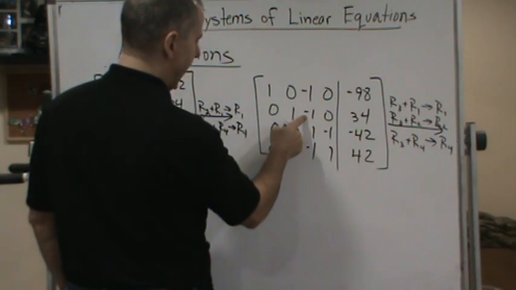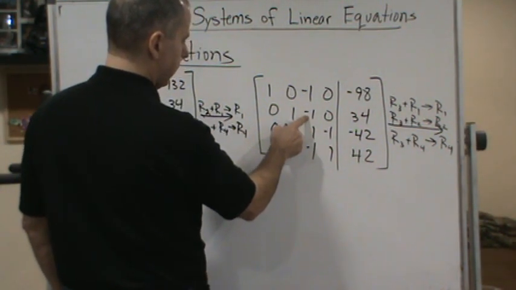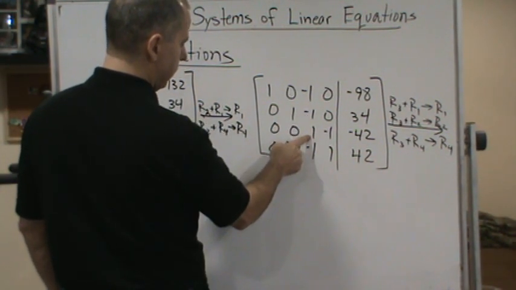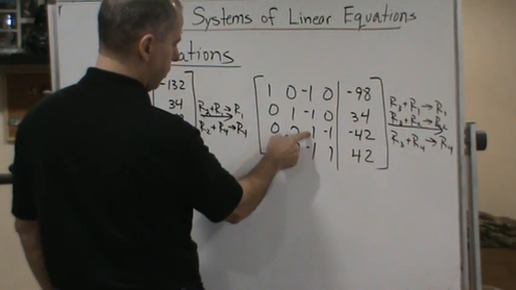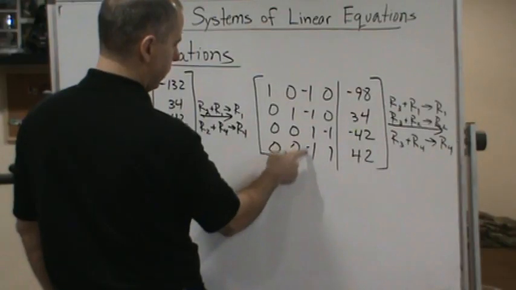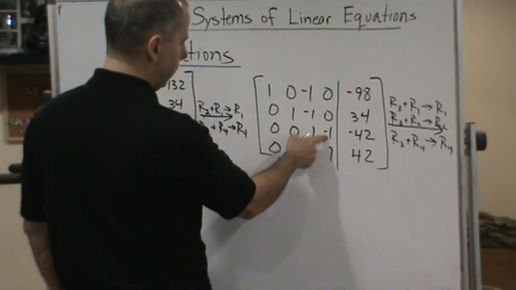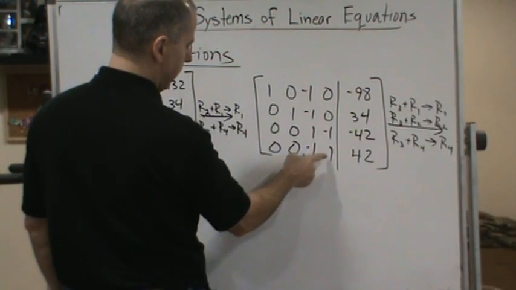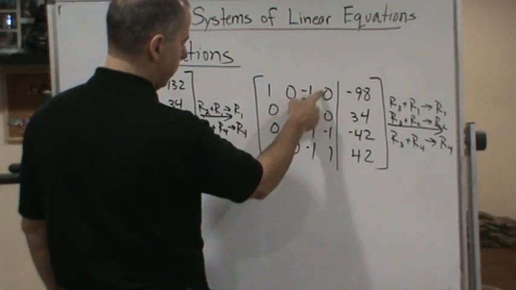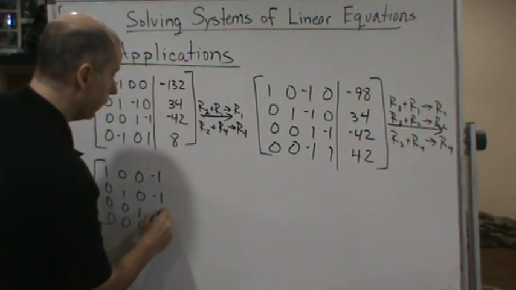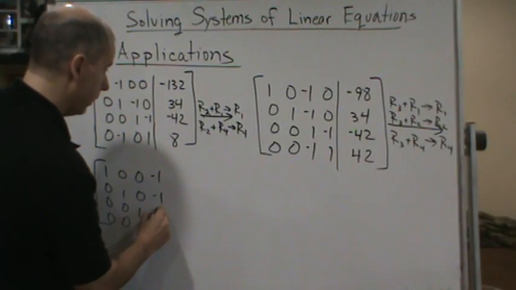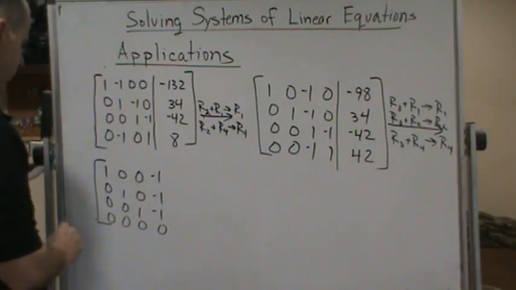And now we're just adding row 3 to the other rows, right? So all of these -1s are going to go to 0. So now here, these are going to become -1, and this is going to become 0. So it's going to be -1, -1, -1, and 0.